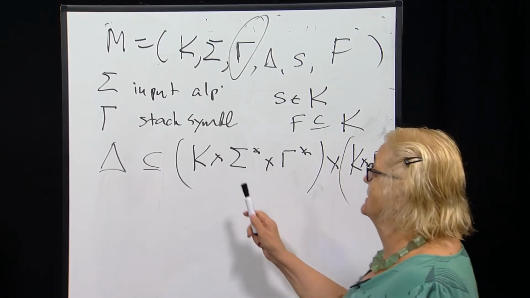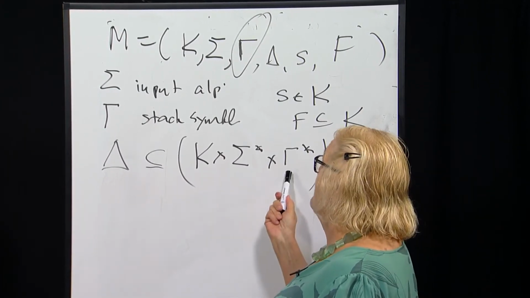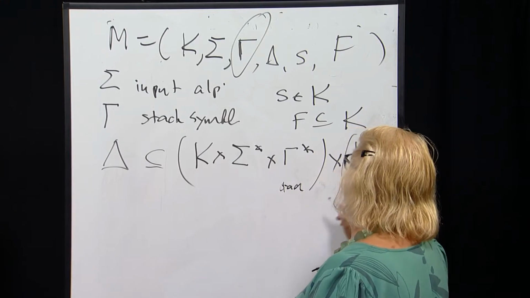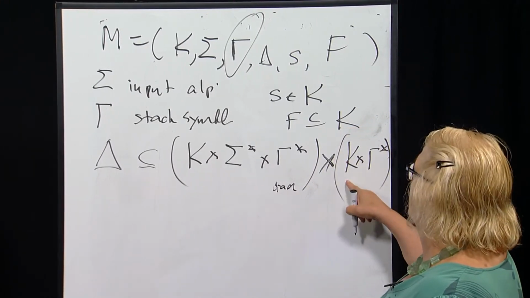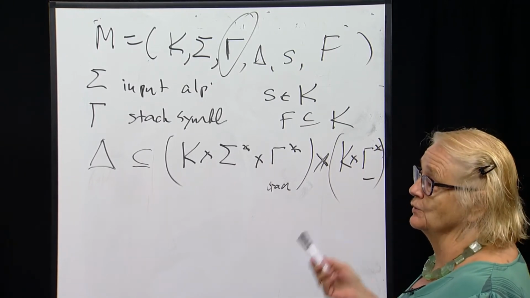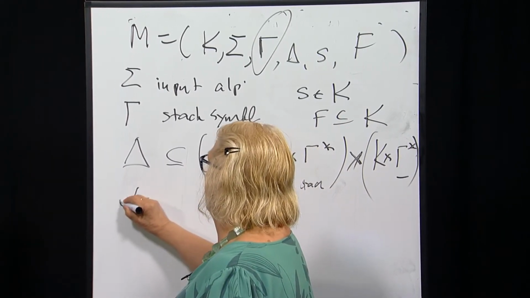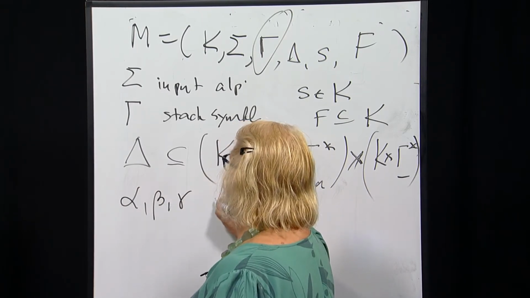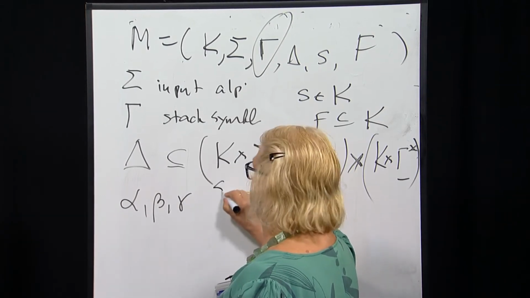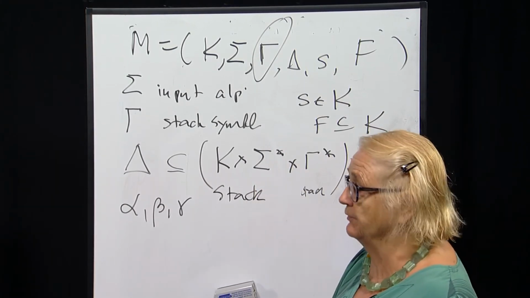Because what I said: in state K, read a word from Sigma, and do something on the stack. So this is a stack operation. And go to another state, changing the stack, or whatever, doing something on the stack. Now, notation for the stack alphabet: alpha, beta, gamma are stack symbols, and the others are like before.